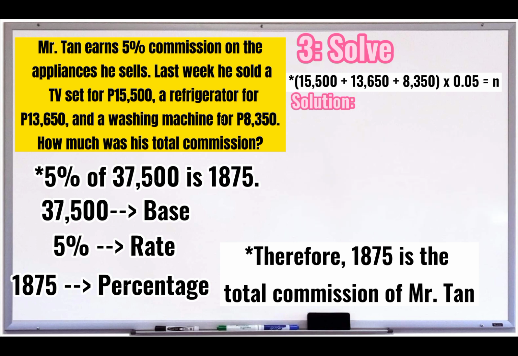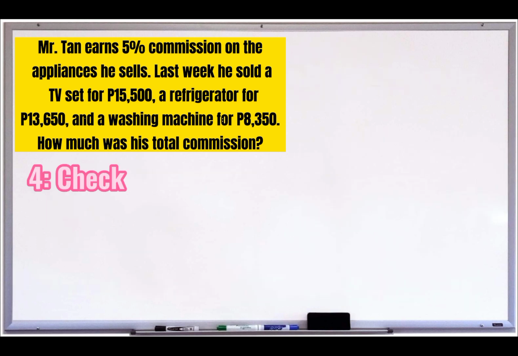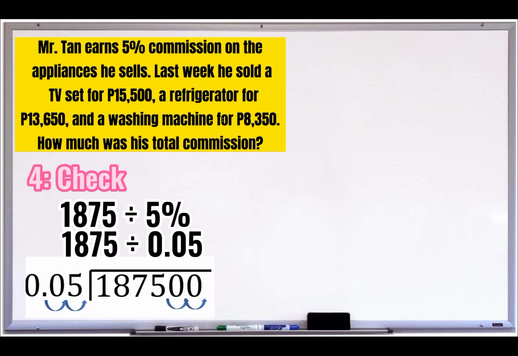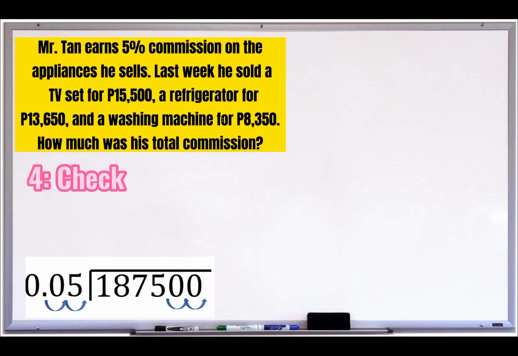Okay, after solving the problem, we are now going to check and look back if our answer is correct. We are going to divide 1,875 divided by 5%, or 0.05. As you can see, our divisor is a decimal number, so we are going to make it a whole number by moving the decimal point 2 places to the right.